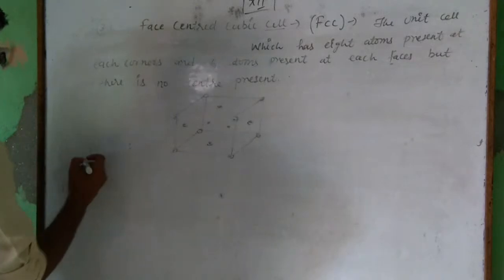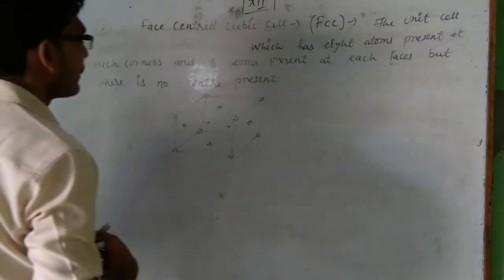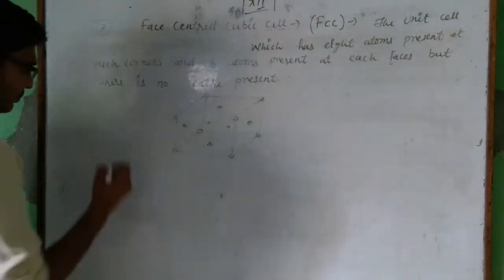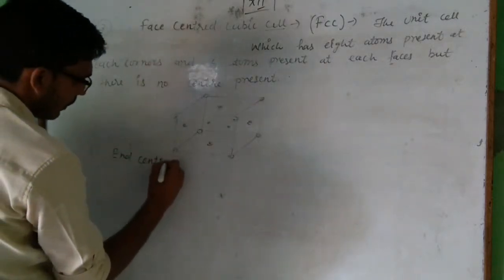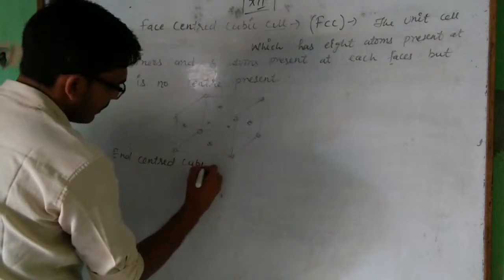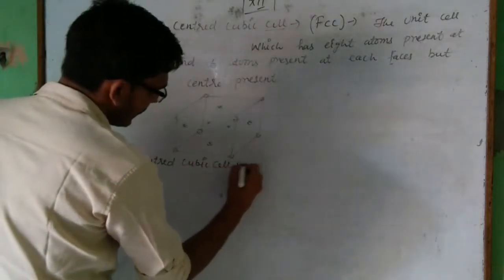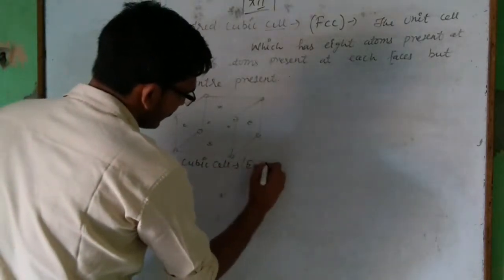Now the fourth and the last one is the end centered cubic cell, or ECC.